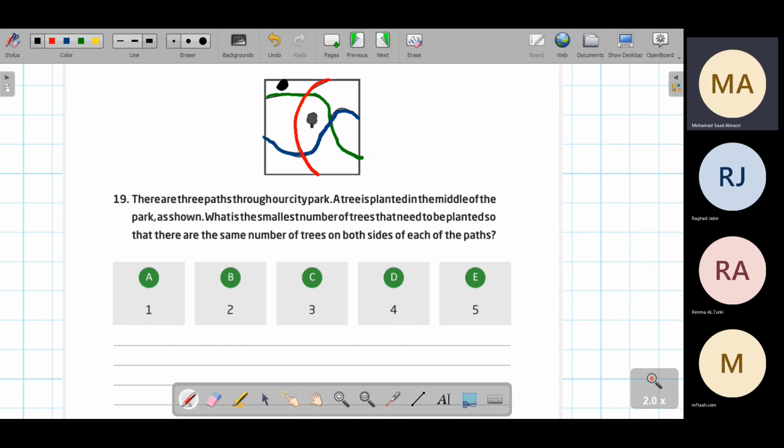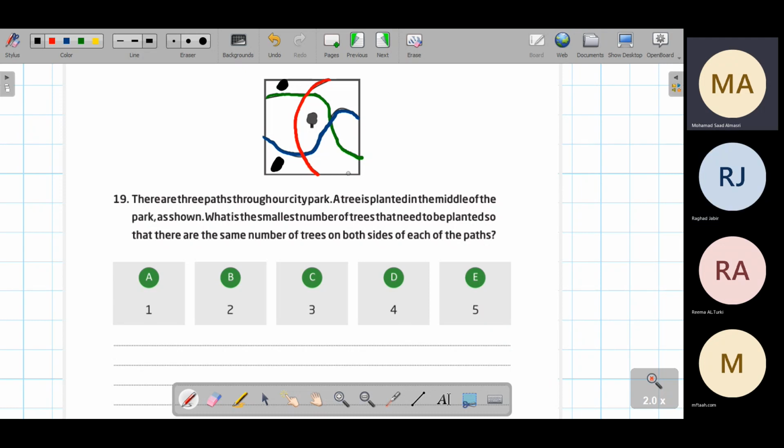So I need to plant another one. If I choose to put, for example, 1 here, for the blue one, 2 above and 1 below.